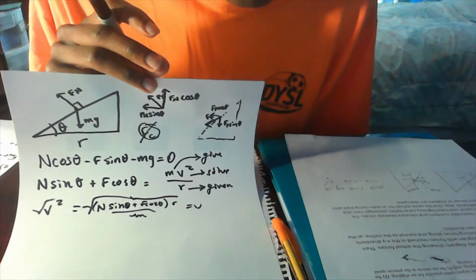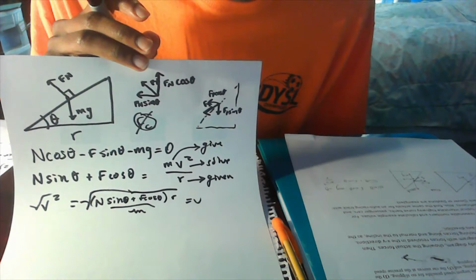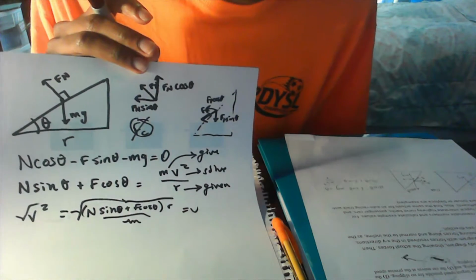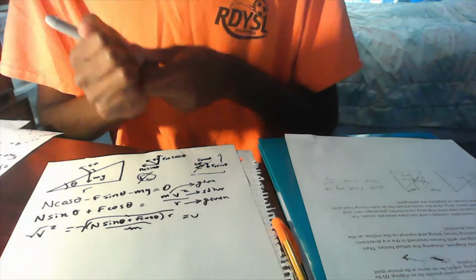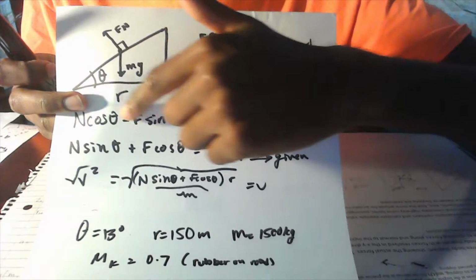And yeah, for the last part I searched up some values that might be used in these types of scenarios. So theta is 13 degrees, a radius of 150 meters, excuse me, which would be the radius of the track, like that.